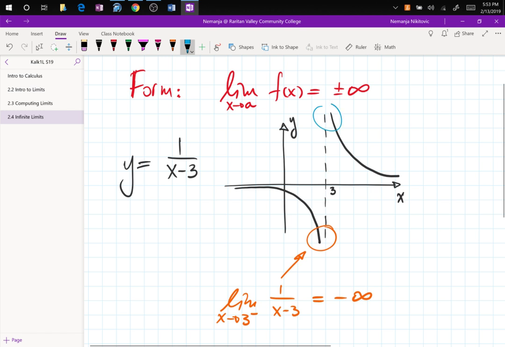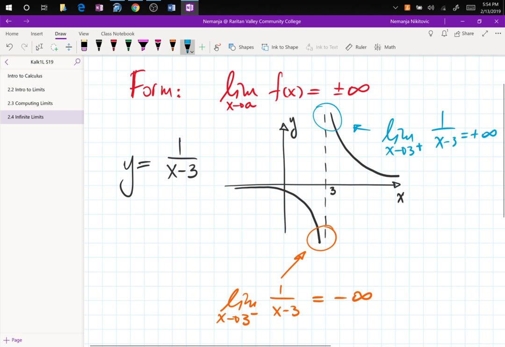On the other side, if you look at the blue circle, you will have limit as x approaches 3 from the right of 1 over x minus 3 is going to be positive infinity because the y value is shooting up. So we are looking for infinite limits, meaning infinite results, infinite answers, infinite y value.